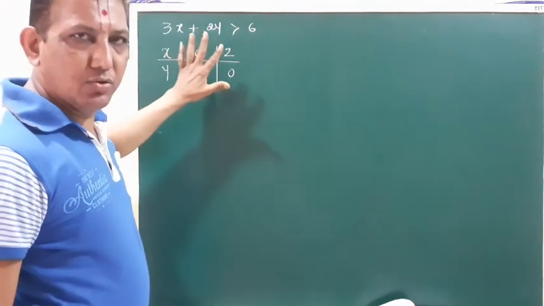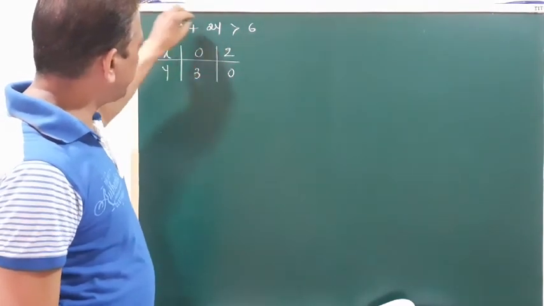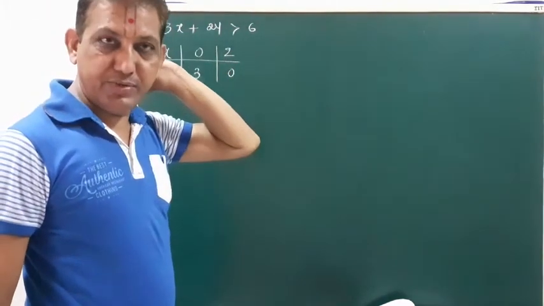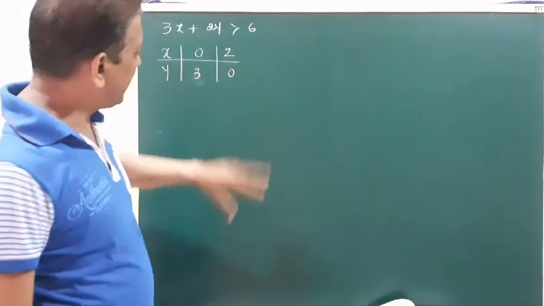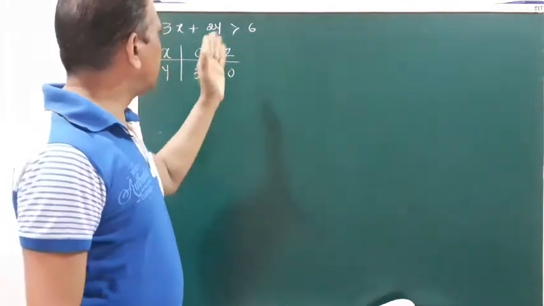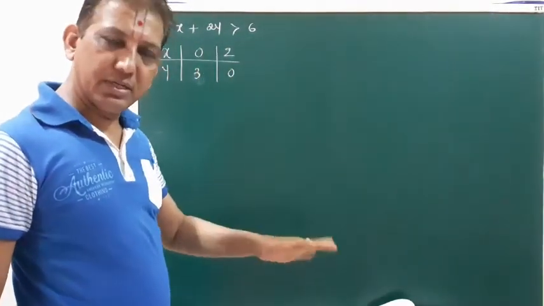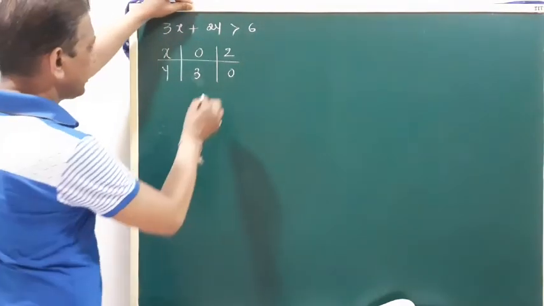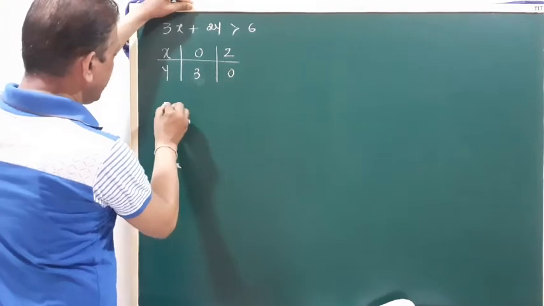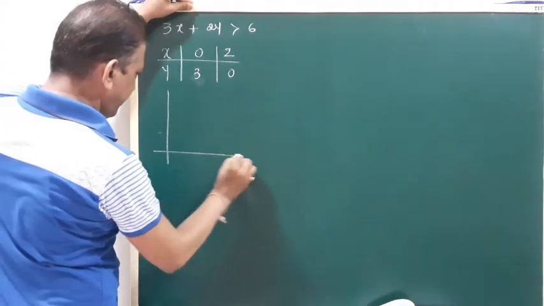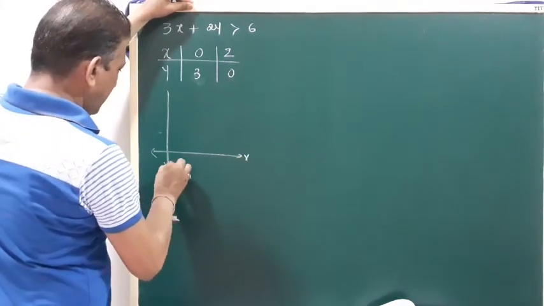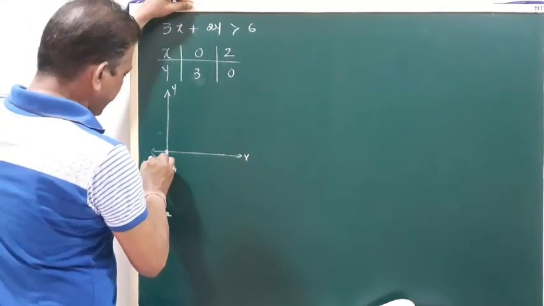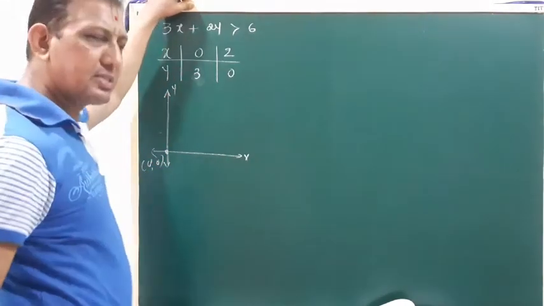When we find the values from the equation, we always accept the equal to sign. Then when we draw the graph, we continue with greater than or equal to, or less than or equal to, whichever is given. Now we draw the graph. Both values are positive, so we draw only the first quadrant. Here, compulsorily denote the origin.